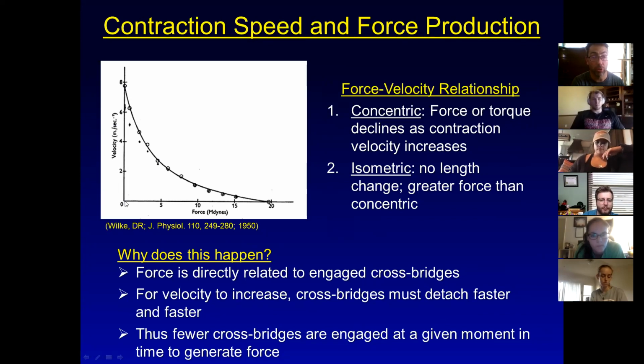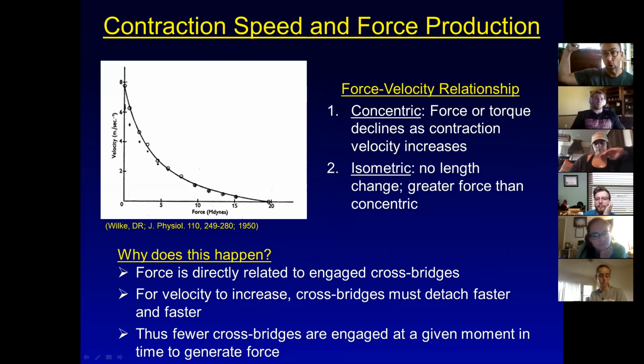At very low velocities, we have very high forces. At zero velocity, that's an isometric contraction. There's no movement, okay? Zero velocity is isometric. So in theory, an isometric contraction should produce a slightly higher amount of force than any kind of concentric contraction that we're going to perform.